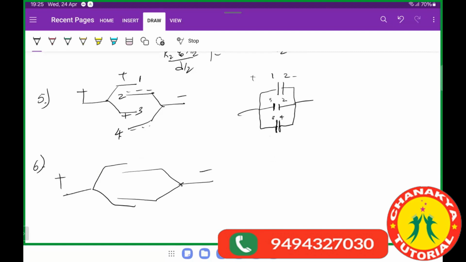The first one, okay, no, there are two. The first one and the last one, because this negative cannot make any capacitor. If I give number 1 here, number 2, number 3, number 4, then 1, 2, and 3, 4. Perfect.